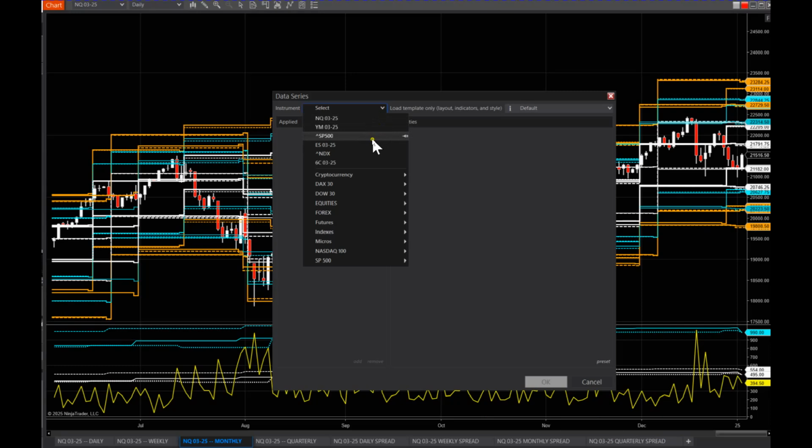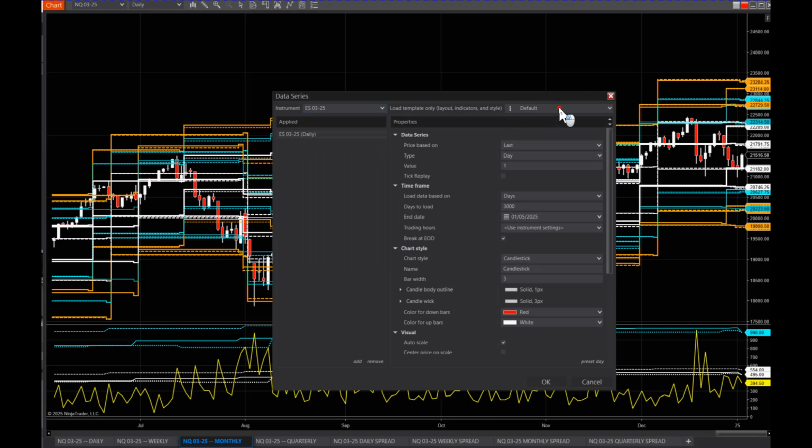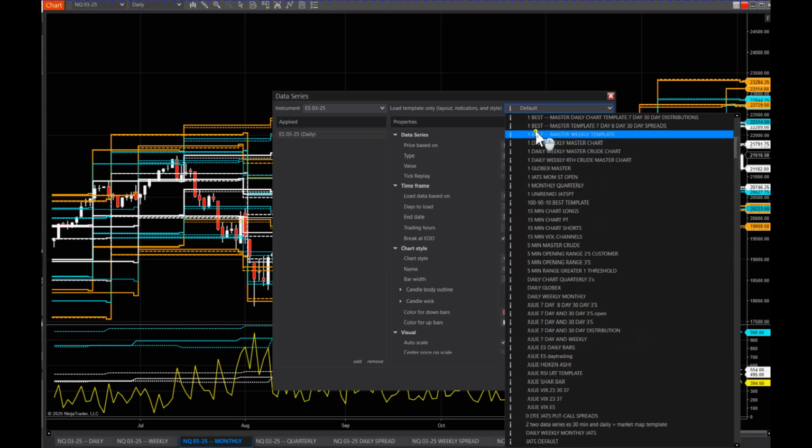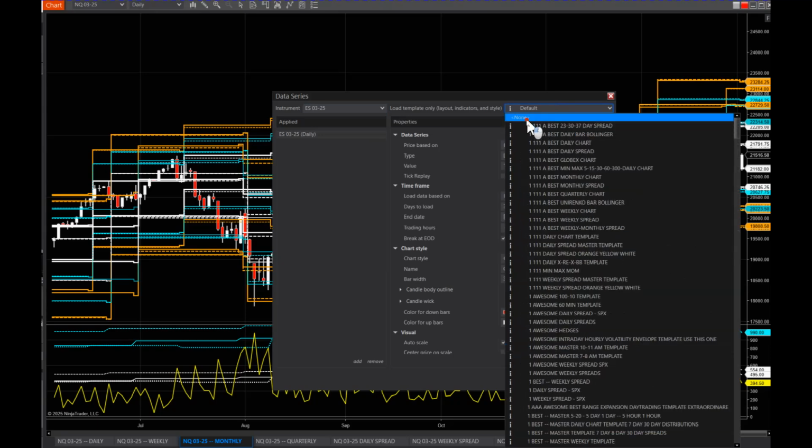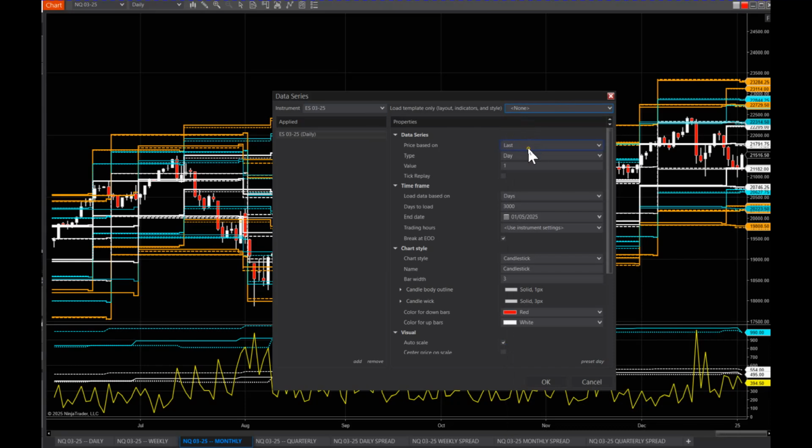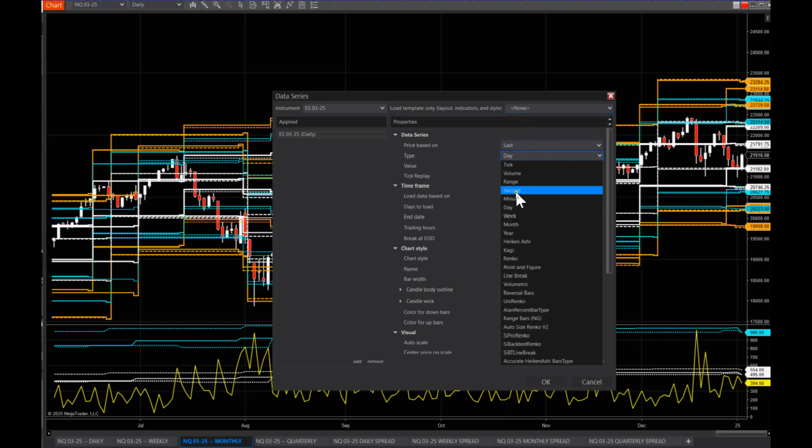Put up ES, and I'm going to change my template to none, and then change this to minute.